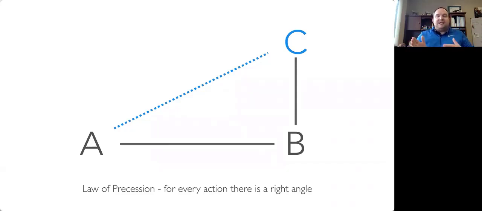So the law of precession states that for every action, there is a right angle. We can go for something else and at the same time end up with our end goal without going directly towards it. That's just an example of customer service. There are a lot of other examples, but I want you to understand that when we're networking, the whole key of networking, if you've ever learned, is the more you give, the more you get.